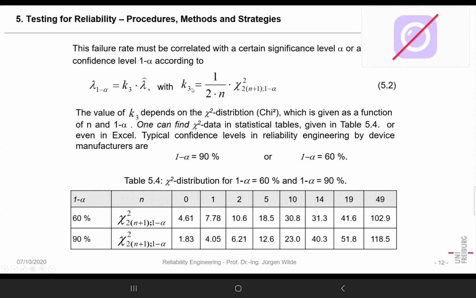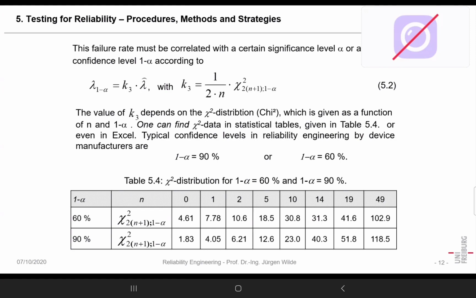That K3 is a test strategy where you always have the same number of specimens in your test over the complete time. But what does that mean? If one is failing, you replace it with a new one.